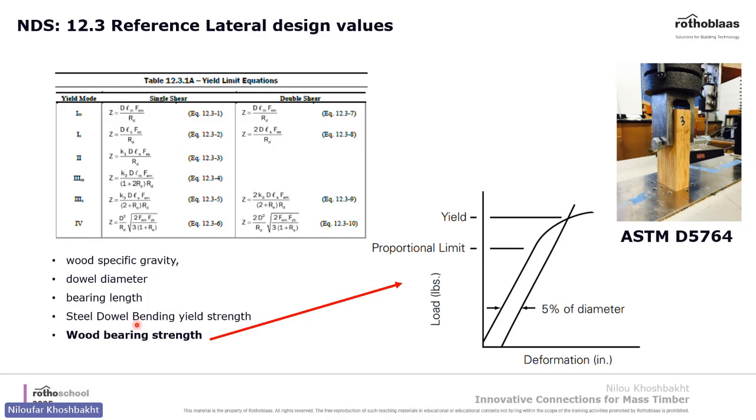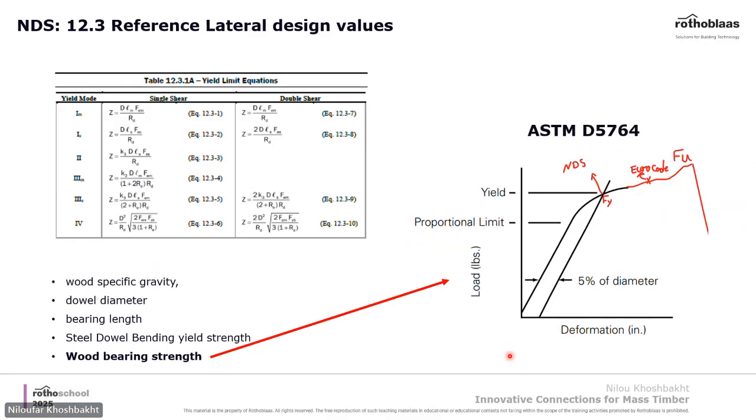But we get many questions regarding why US values are different from European values, and I want to address that. As you see here, the wood bearing strength that we use according to the US standard is taken from this part of the curve. But the wood bearing strength in Eurocode is based on the ultimate strength of the curve.